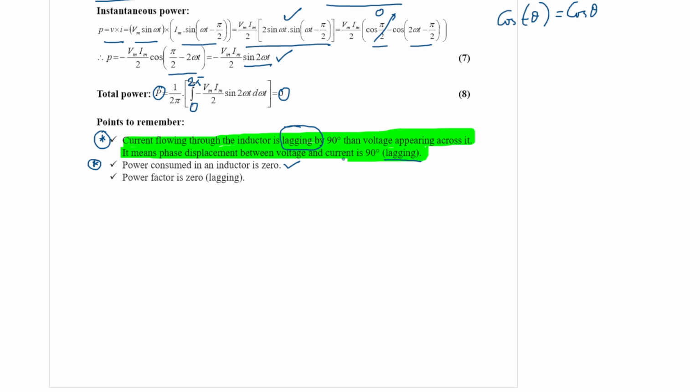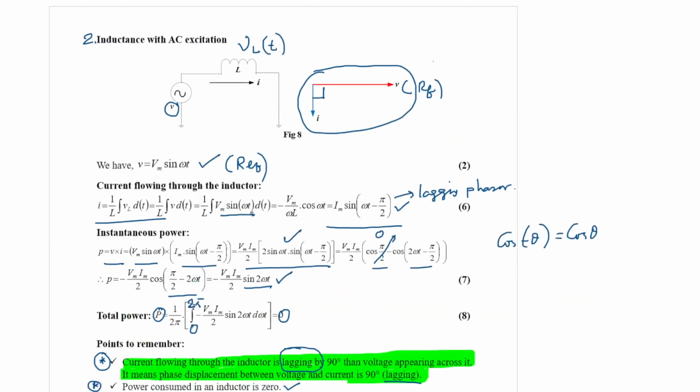And we have the power factor. Power factor is cos phi. It is 0. And we should write a term associated with lagging, because the current here is lagging.